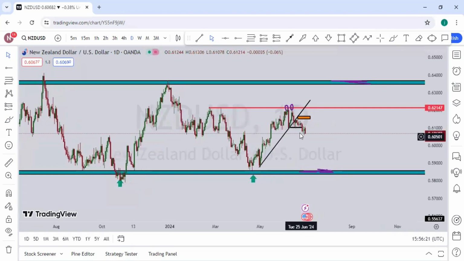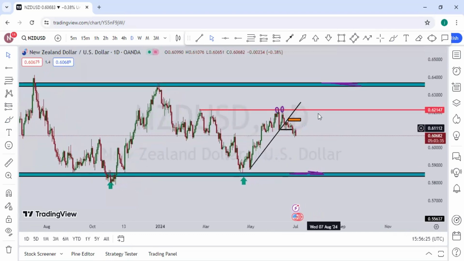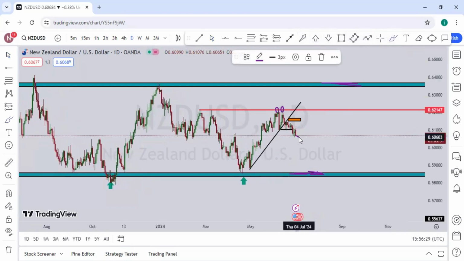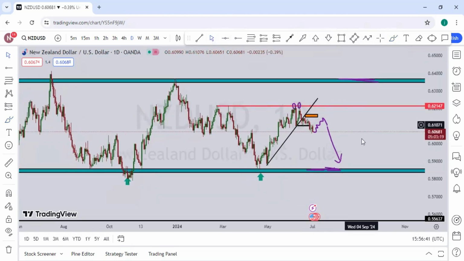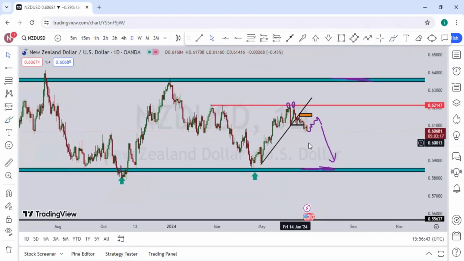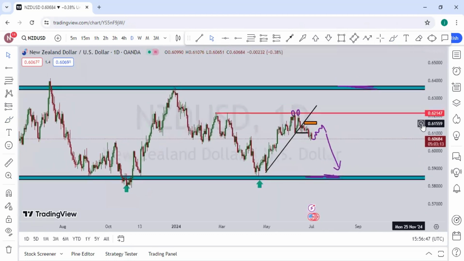So first thing, the market has broken. Also, you can see the change of direction. So the only thing I'm waiting to see on NZD USD is a retracement to my fib level. Then I can take my trade to the downside, or around where I explained in my previous video.